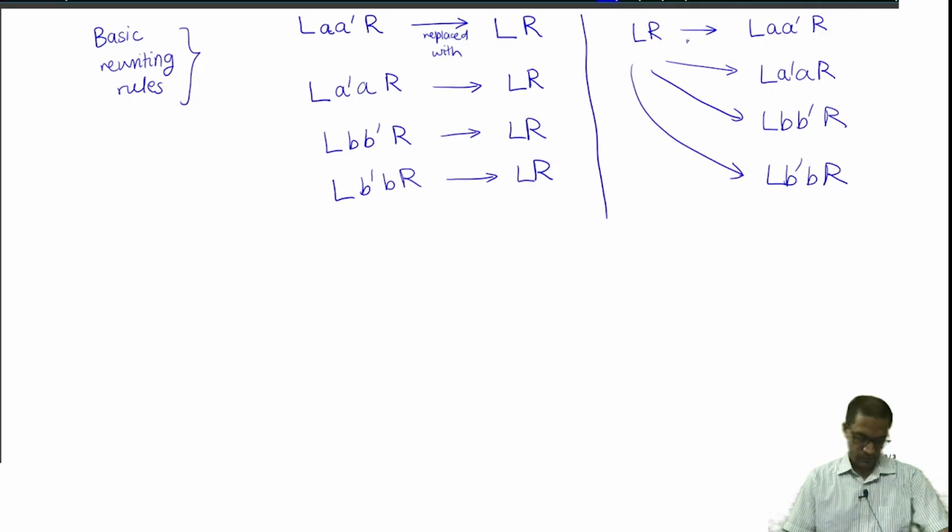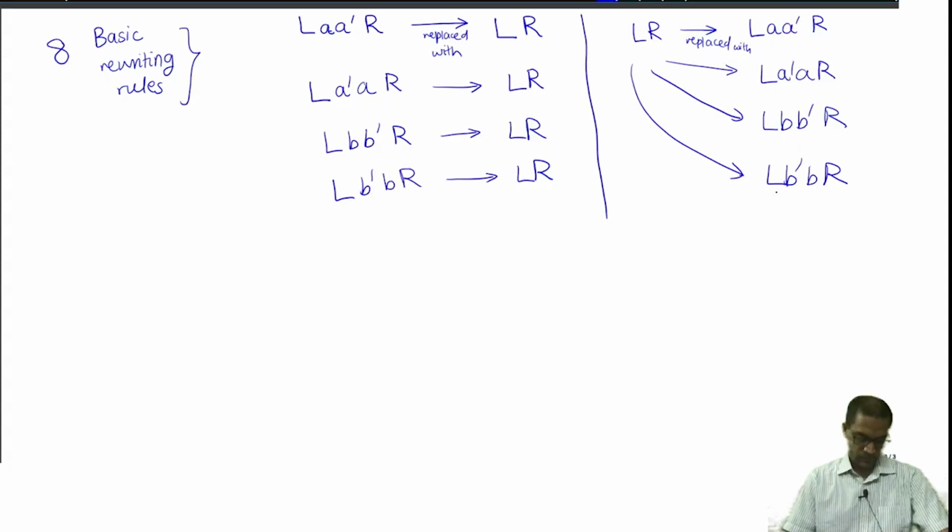So I am allowed to replace LR with a word whose length is 2 more. These are the 8 basic rewriting rules that I have. So what are the rewriting rules? They are a way of obtaining a new word from a given word. The first 4 rules give you a new word whose length is 2 less, and the next 4 rules give you a new word whose length is 2 more.